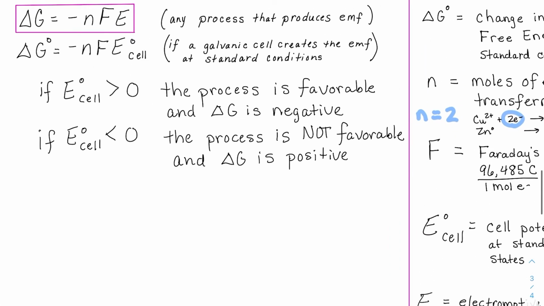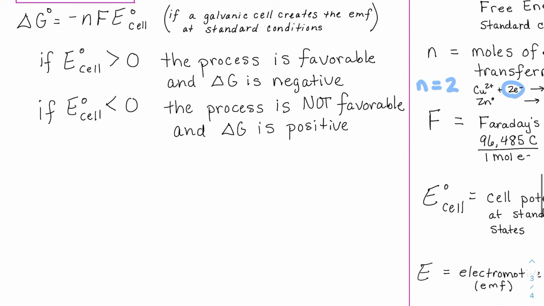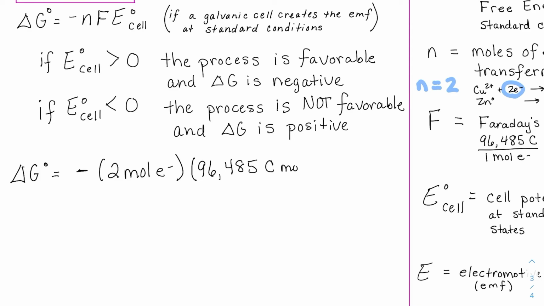I'm just going to show enough of this equation right here. We're going to calculate the delta G at standard conditions, and it's the negative of the number of moles of electrons. We had 2 moles of electrons, and then we use Faraday's constant, which is 96,485 coulombs per mole of electrons, and then 1.10 volts.